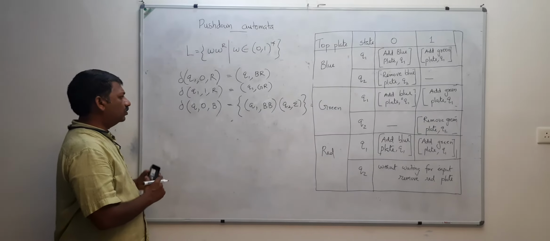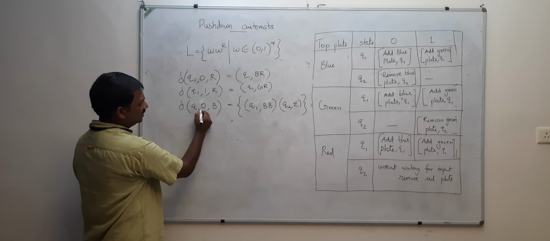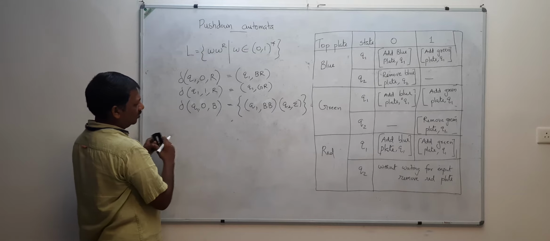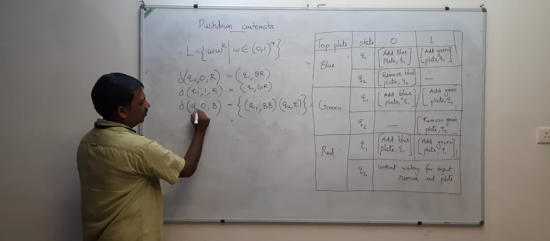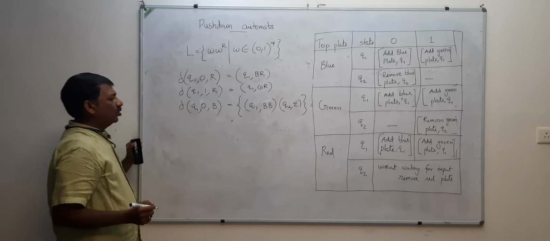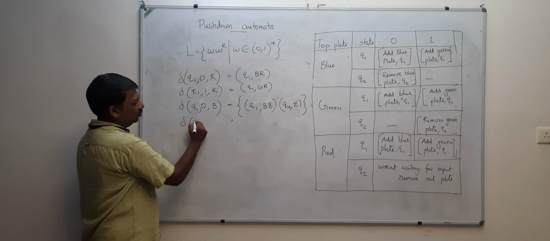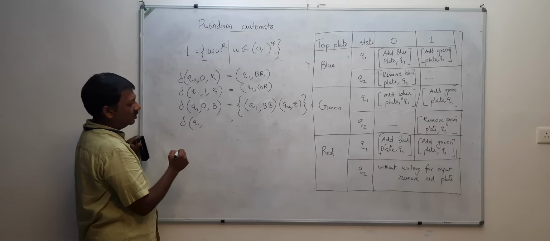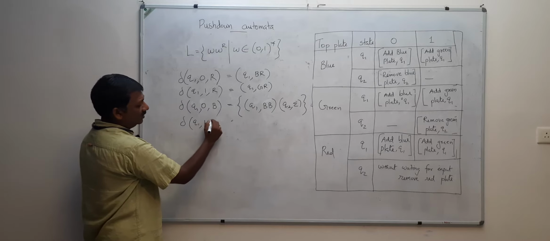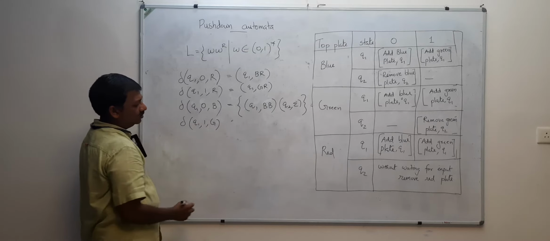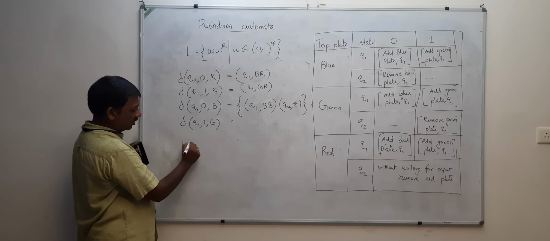Now this is in state Q1. Now this is delta of Q1, 1 and green. Suppose that here you have 1 and 1, and suppose that there is a transition from 1 to 1.